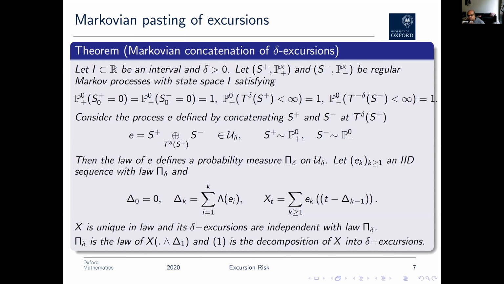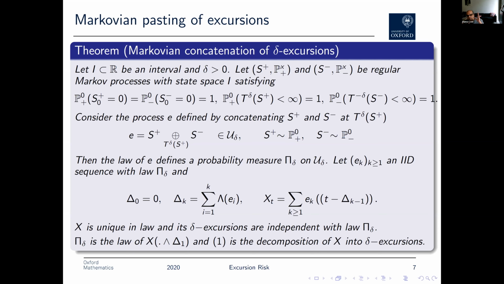Well, it will be dX equals dS plus times an indicator showing me I'm in the plus phase, plus dS minus times an indicator showing me I'm in the minus phase. So dS plus and dS minus, if they're Ornstein-Uhlenbeck's or some diffusions, they have an Ito differential. So the indicators will be exactly the indicators of these up and down phases.